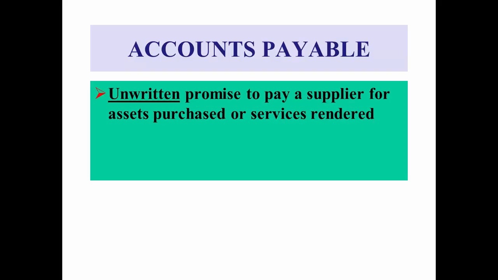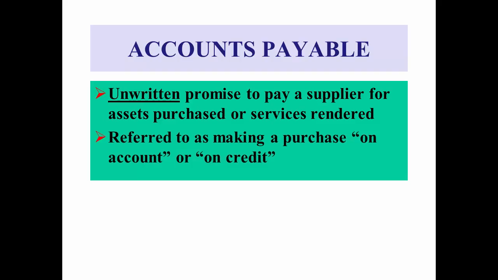With accounts payable, this is an unwritten promise, a verbal promise, in other words, to pay that supplier for whatever assets we purchased or whatever services we received from them. We're just giving them a verbal promise that we are going to pay them back. And that is legal in a court of law, that we would have to pay them back if we bought that stuff on account.